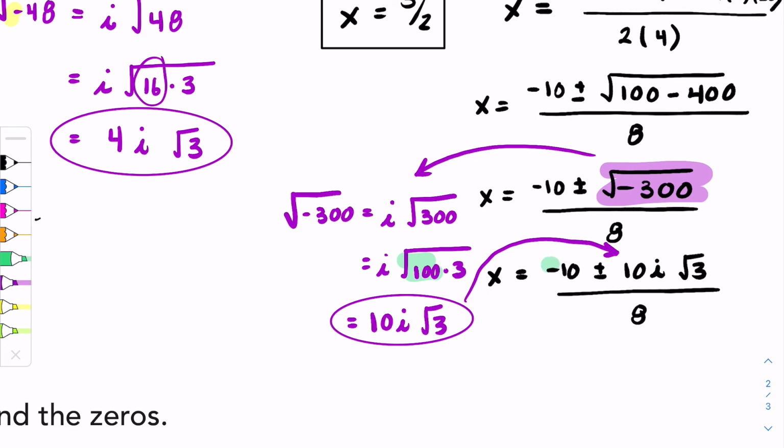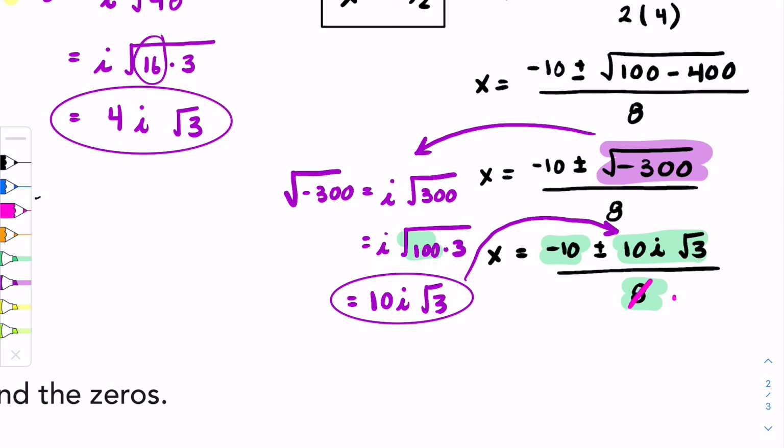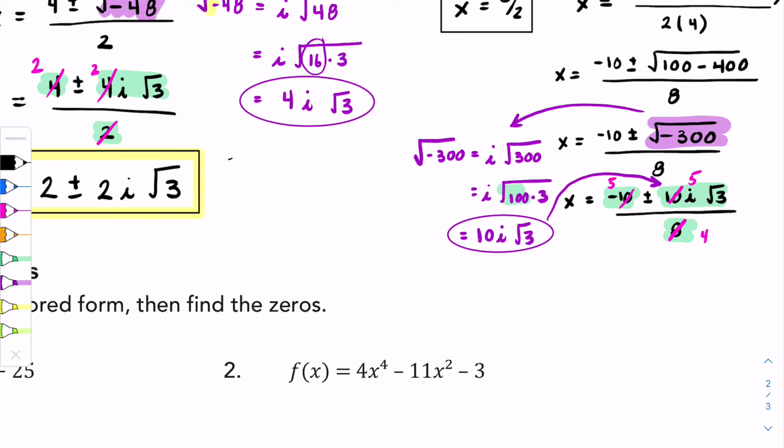Check to see if any number goes into all 3 of these, and 2 goes into all of them. 2 goes into 8 4 times, into 10 5 times. When I write my final answer, I have x equals negative 5 plus or minus 5i square root of 3 divided by 4.